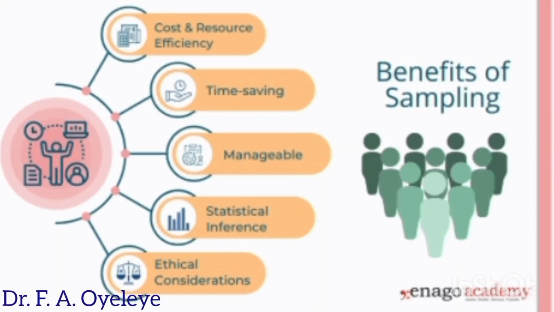Maybe because of migratory activity, or for so many reasons, it may be practically impossible to reach every Nigerian youth. So in research, what we do is that we pick a sample and work with it. That is what we call a sample.